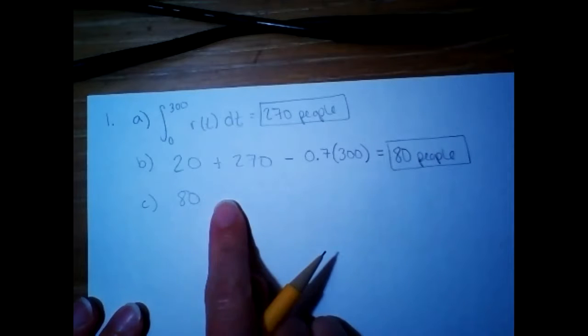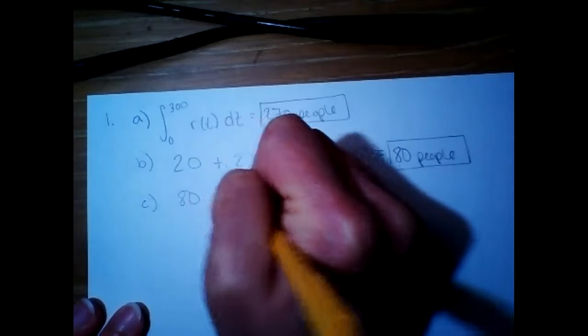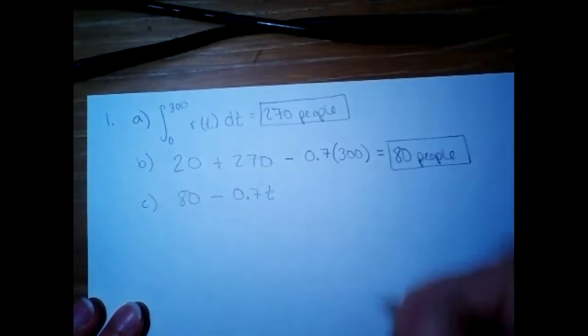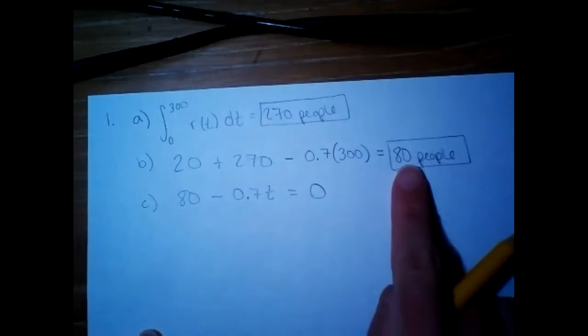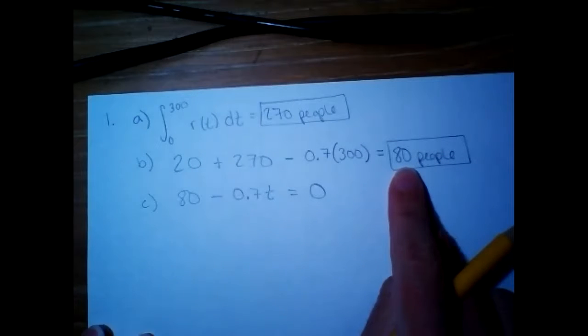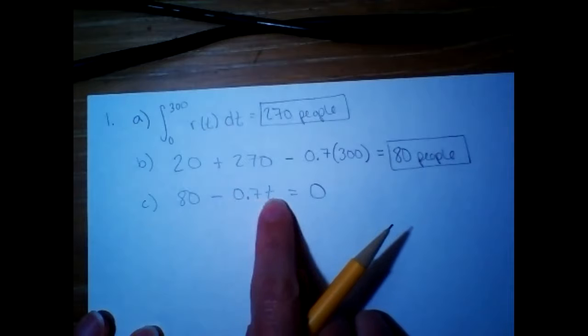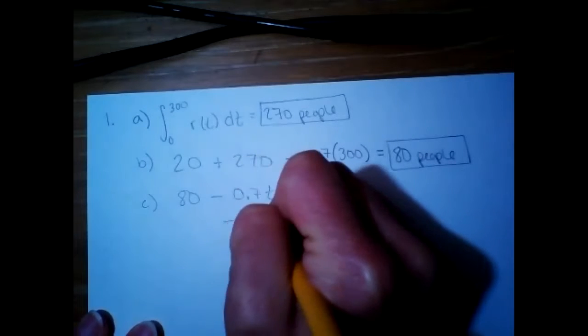So I don't have to add on anybody, but we're going to subtract 0.7 person per second, so minus 0.7t, and set that equal to 0, because we want no one in line. There's 80 people at time 300, and they're leaving, so I'm subtracting off 0.7 per second.